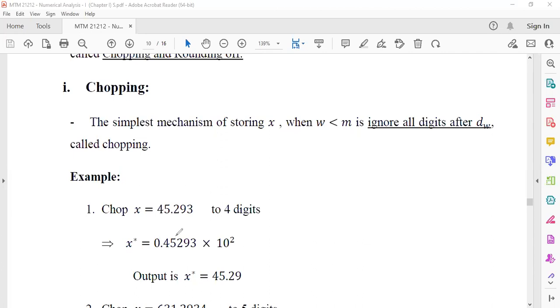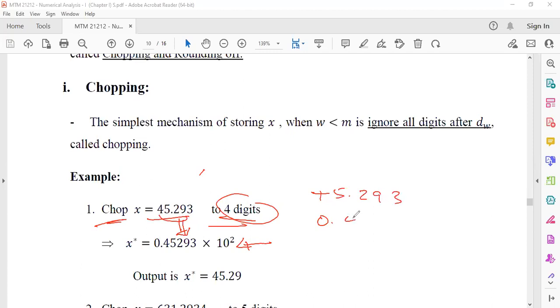What does this example say? This is our actual value: x equals 45.293. They are asking to chop x to 4 digits. But in chopping, what do we do? First of all, the computer converts it from a fixed point number to a floating point number. So you have to take everything after the decimal point.